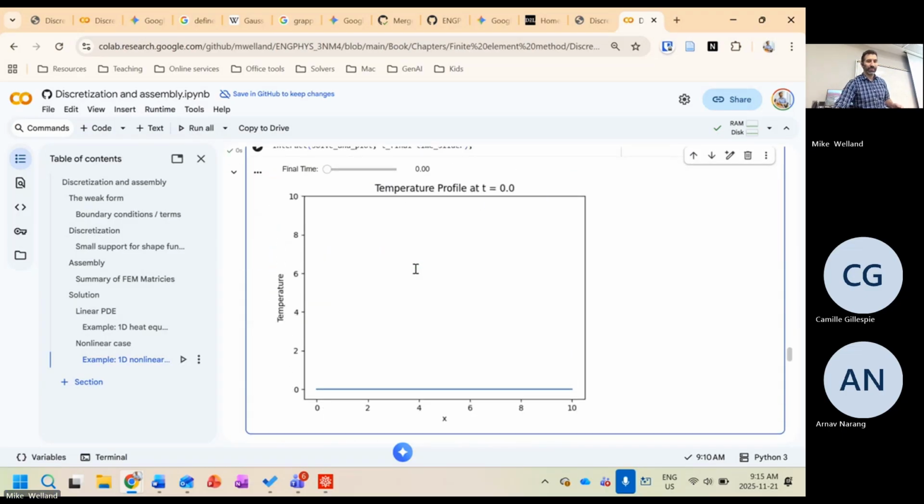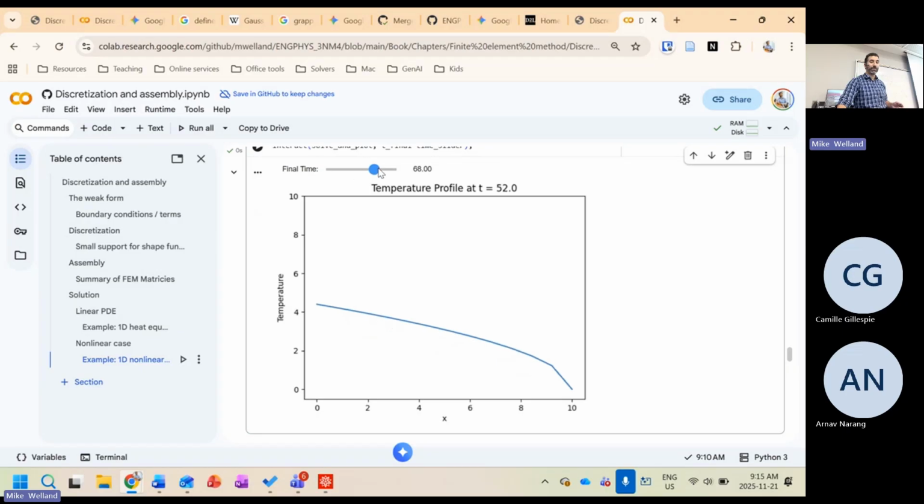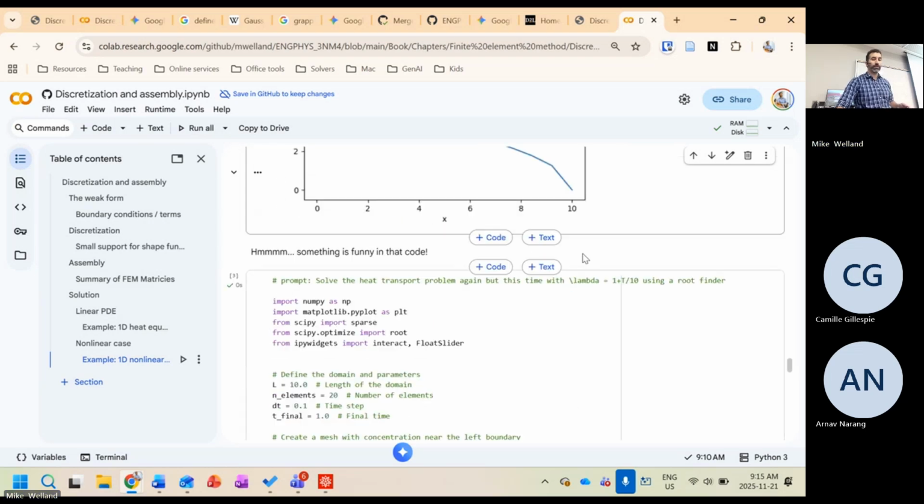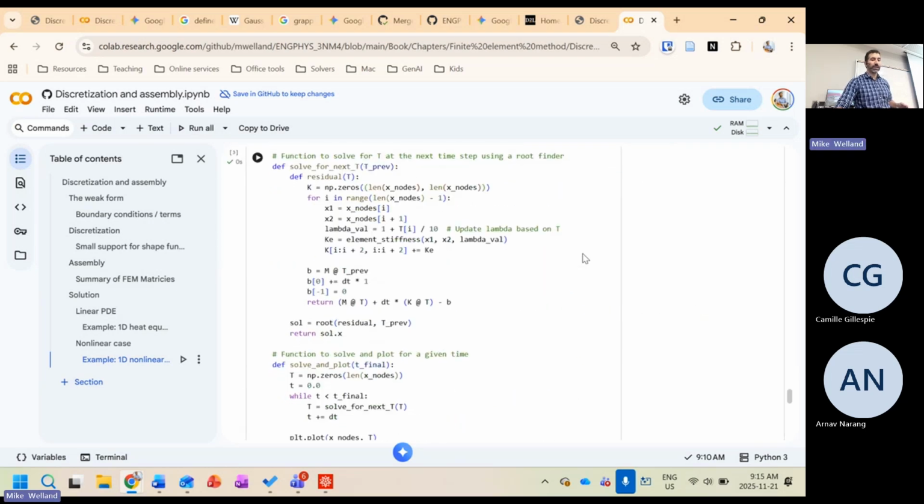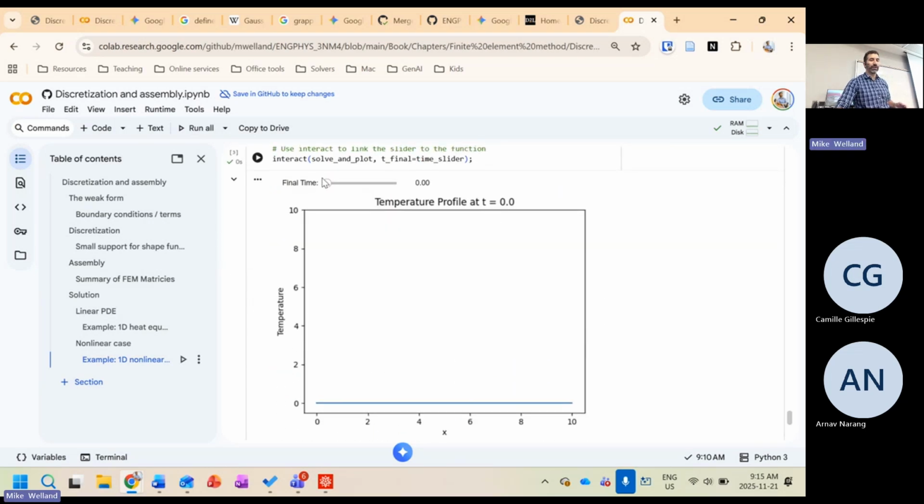So beware the pitfalls of AI with that one. This is a solution I got stepping through time, which is not correct. It shouldn't be of this form. So I had to reprompt it and say actually use a root finder, which it did, and then I got the correct solution.